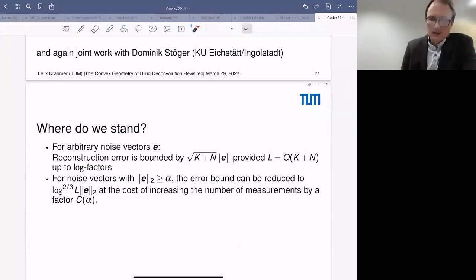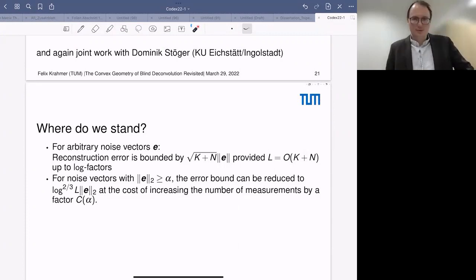If you got lost in some of the details on the previous slides, this is maybe a good point to jump back in. We're looking at the case of arbitrary noise vectors, so adversarial as we want, but we don't make any additional assumption about the distribution.